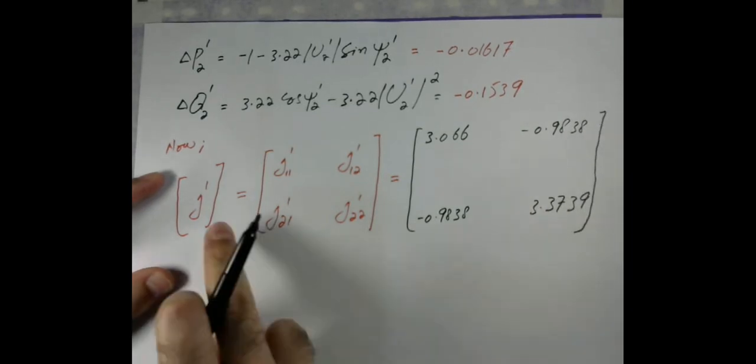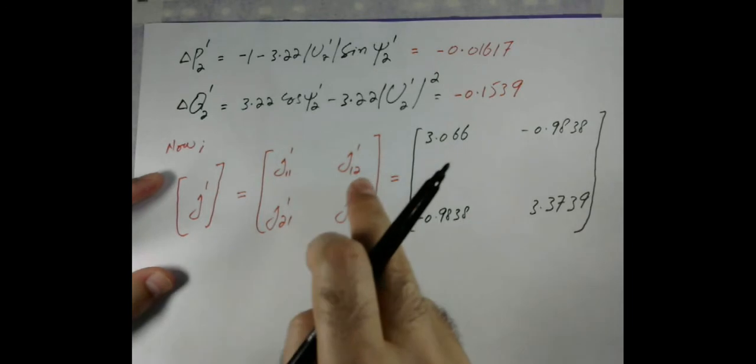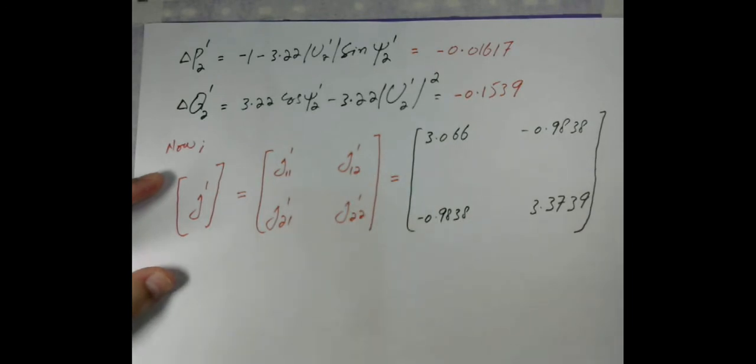So now these are the updated values of the Jacobian matrix.